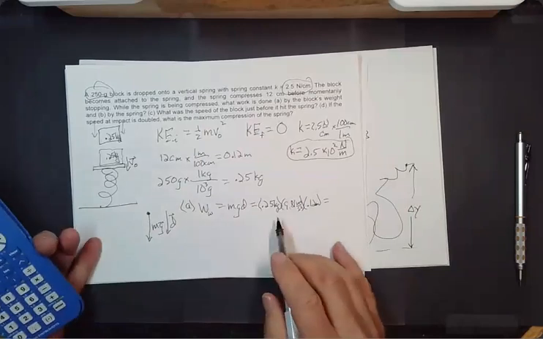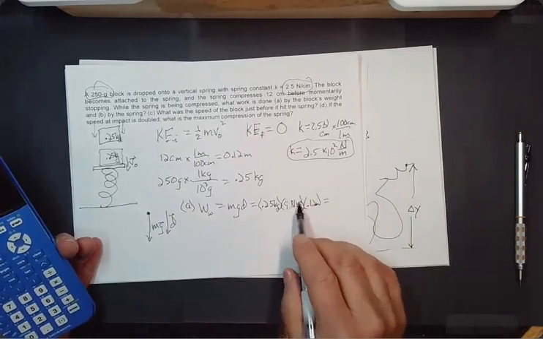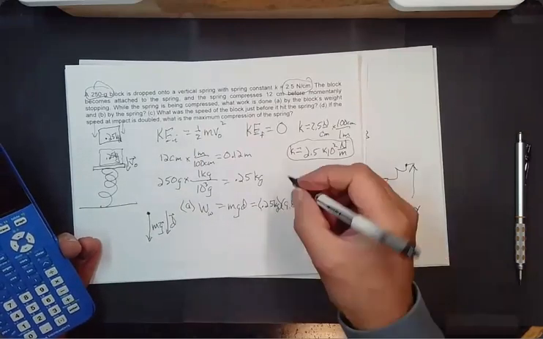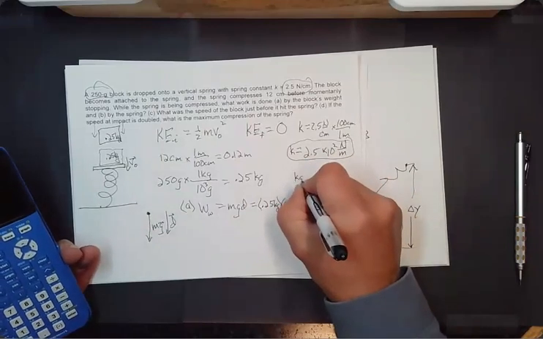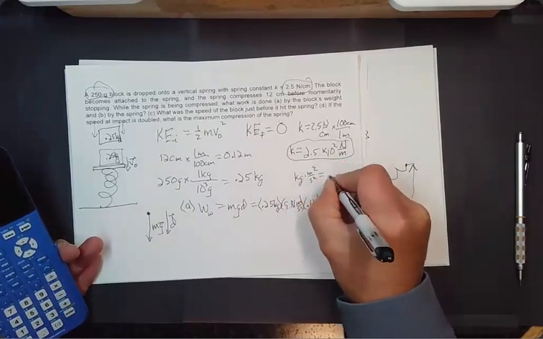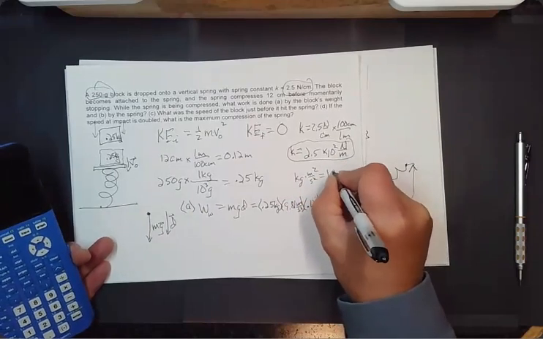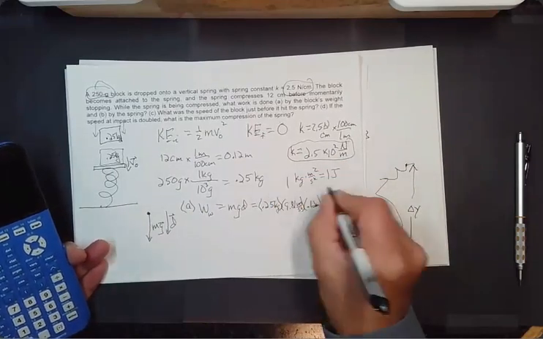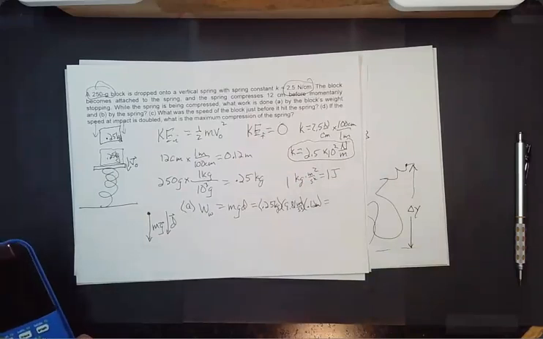Now the units are going to be kilogram meter squared per second squared, and we found out yesterday that a kilogram meter squared per second squared is a joule. By definition, that's an exact conversion.